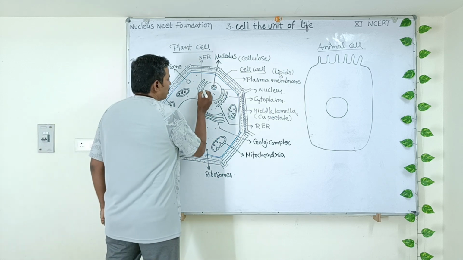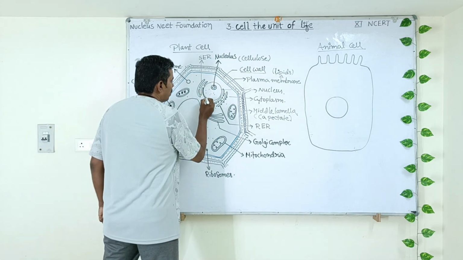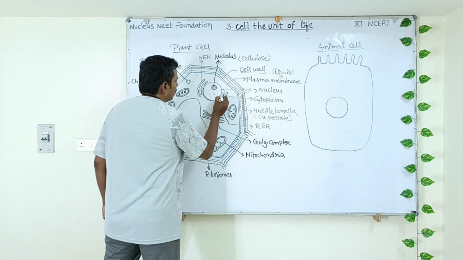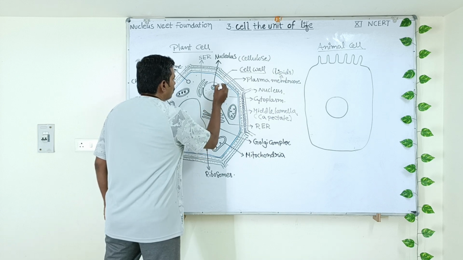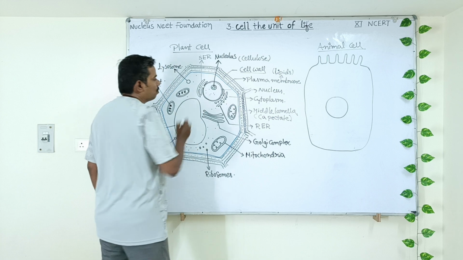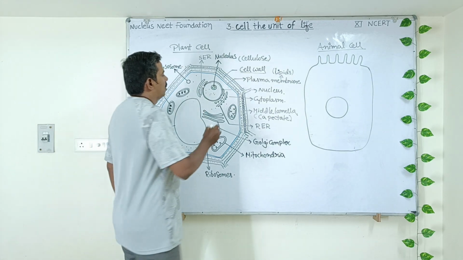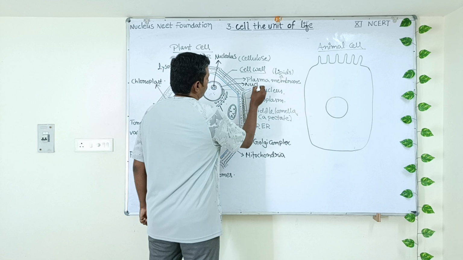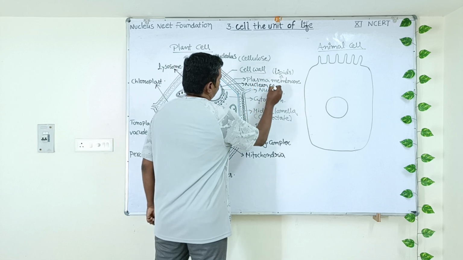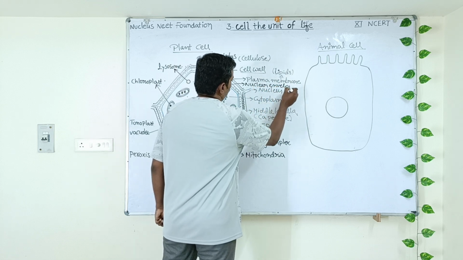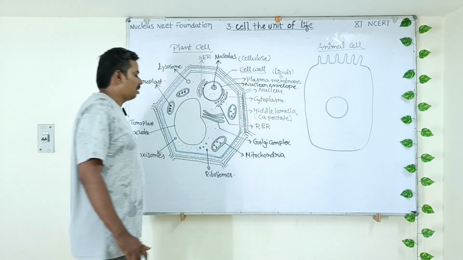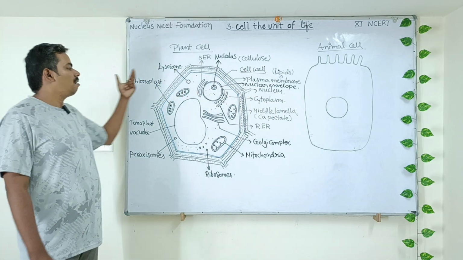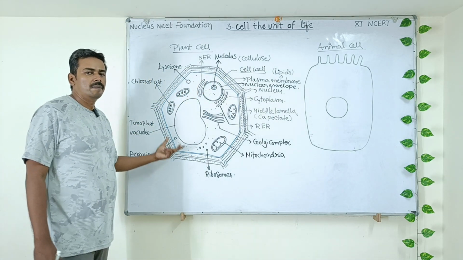The nucleus is covered by a membrane covering, which is called nuclear envelope. So these are the different cell organelles which are present in a plant cell.